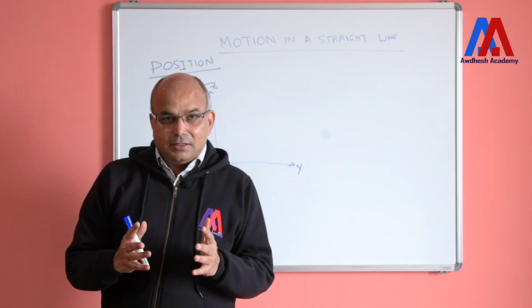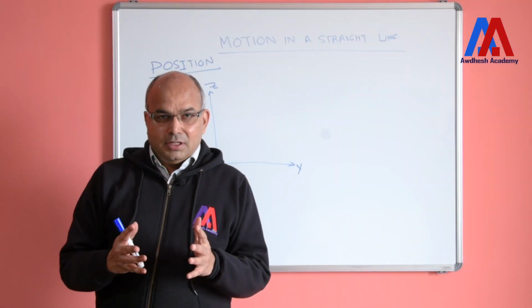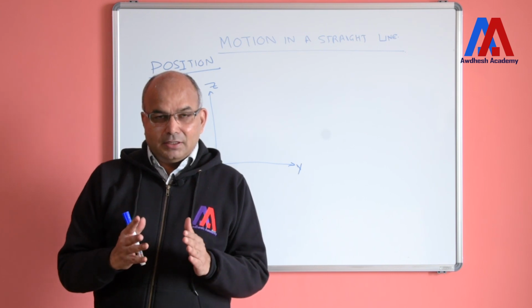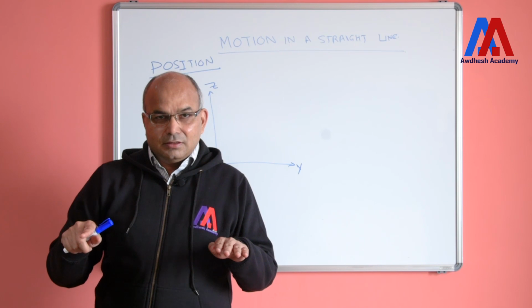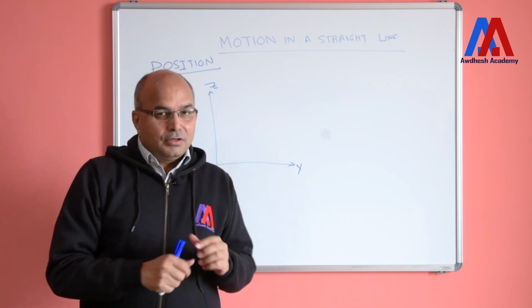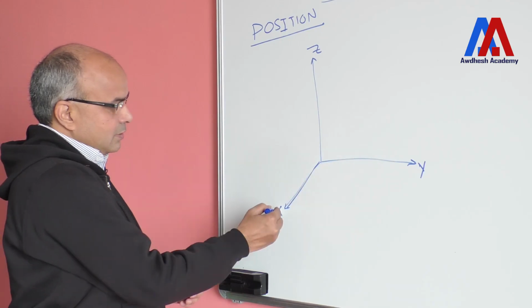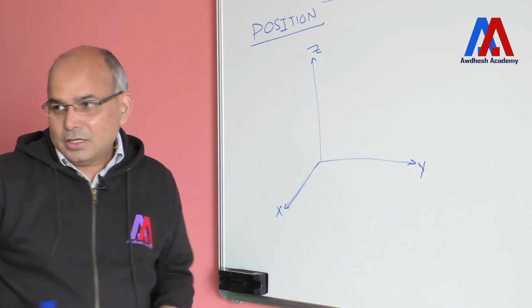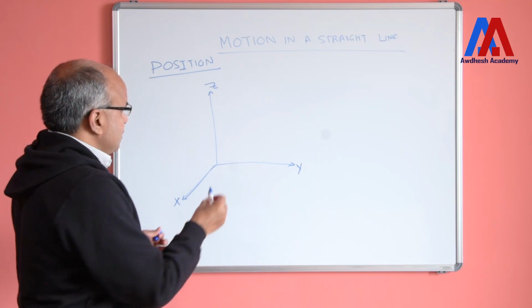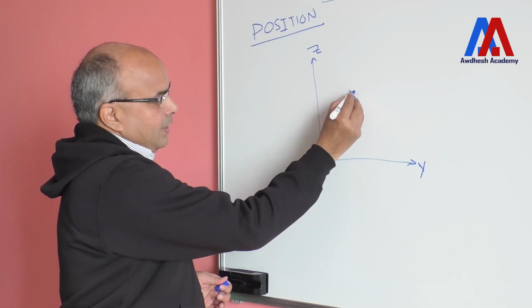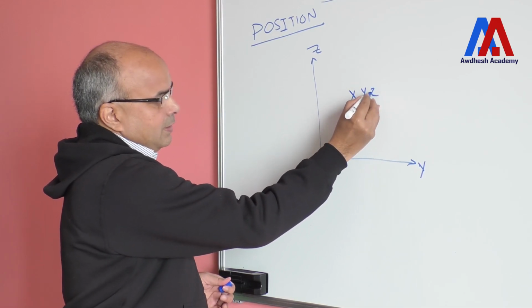Let us first understand the position. The position of a particular point is usually expressed in three-dimensional space: length, width and height. This is also represented as x, y and z. So any point in this space can be expressed in terms of three coordinates: x, y and z.